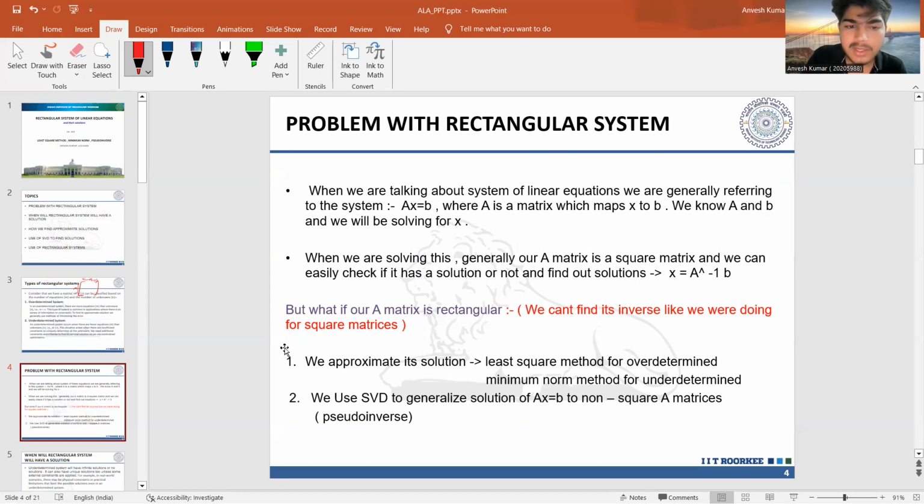So the different methods we can use now are: we can approximate the solution when we do not have a solution, like in overdetermined systems, or we can find the optimal solution like in underdetermined systems using the minimum norm method, or we can generalize this for rectangular systems using SVD.